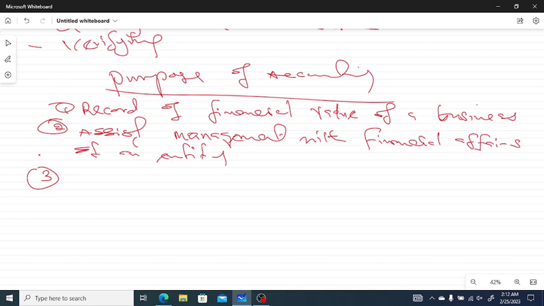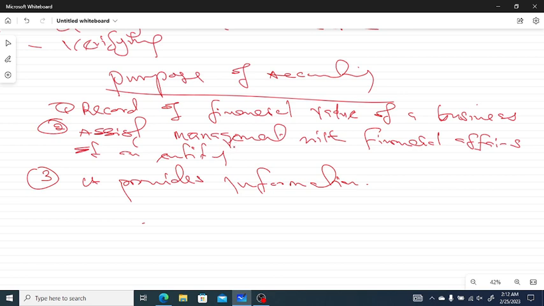Number three, it provides information. Accounting provides information, and majorly accounting provides information of a financial nature. So these are some of the features of the purpose of accounting.